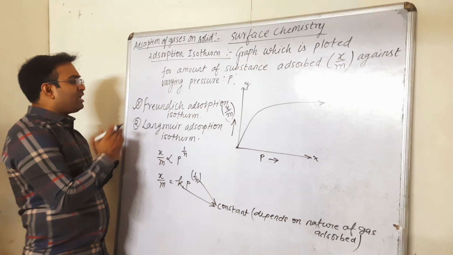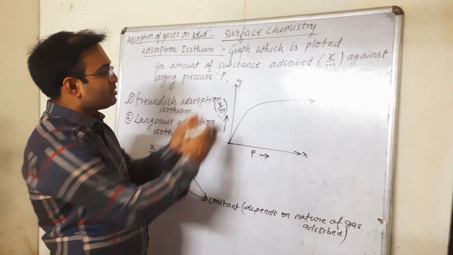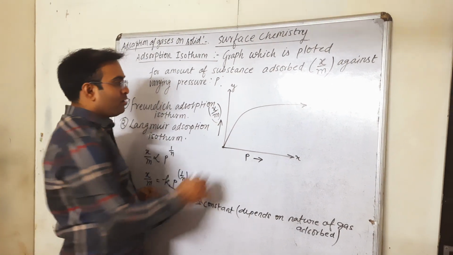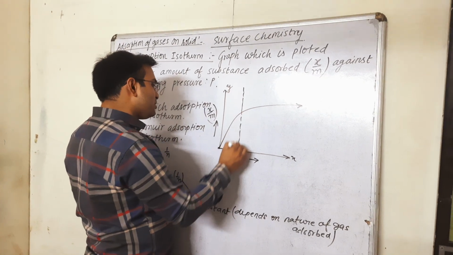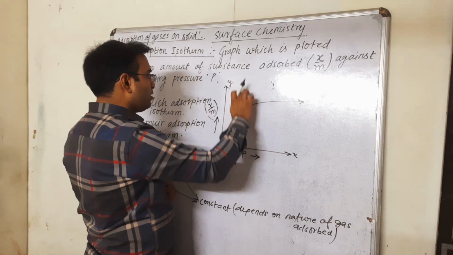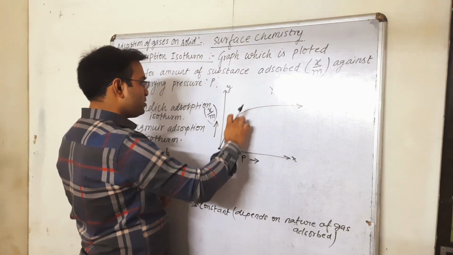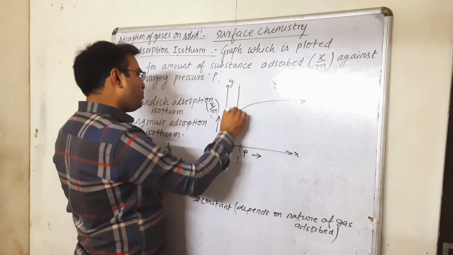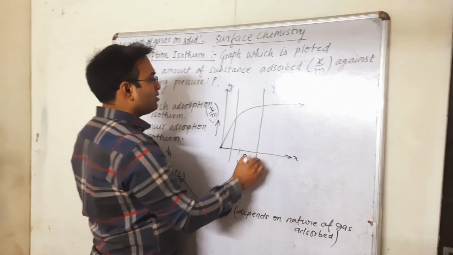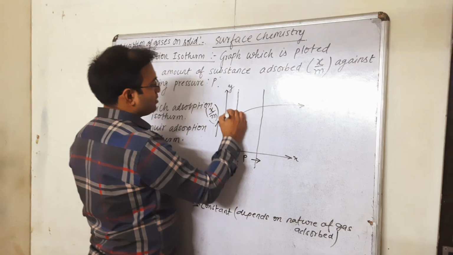Now Freundlich divided this graph into three regions. The first region is the low pressure region. This is the moderate pressure region, and this is the high pressure region.